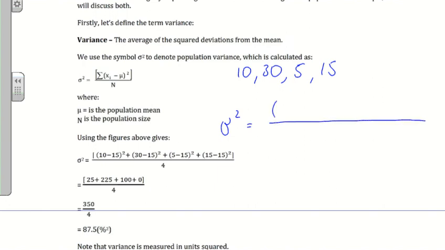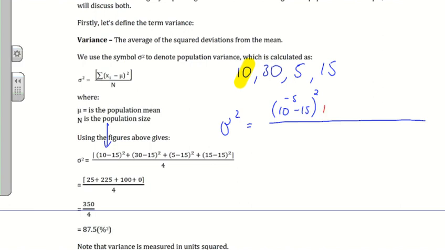Again, you do the same thing, but now it's not mean absolute, it's actual number. So I go 10. 10 I've taken from there. Remember, my mean or my average was 15, so it's 10 minus 15, which is minus 5. It doesn't matter because we square all of these.